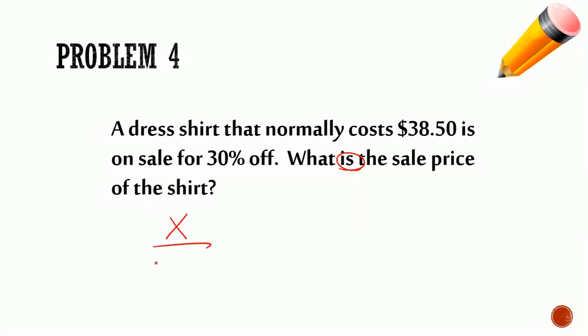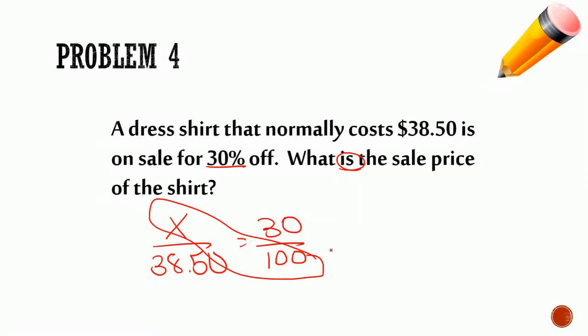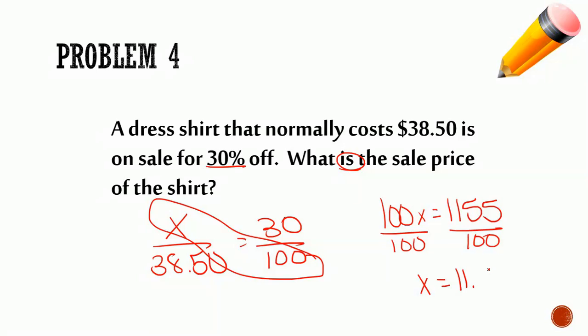So x over 38.50, and I have the 30% off, so 30 over 100, right? Because there's 100% in percents, or 100% is the highest you can go. So I got 100x equals 38.50 times 30 is 1,155. Looks like I need to divide by 100. So I'll get x equals 11.55.